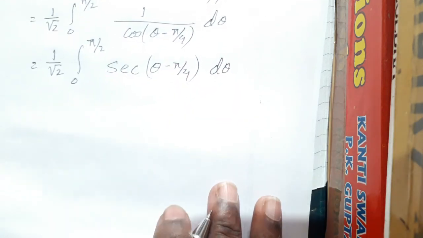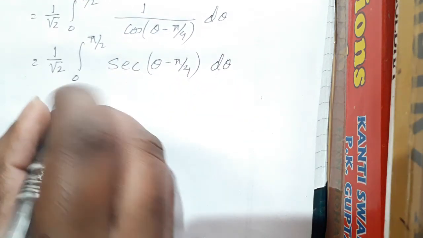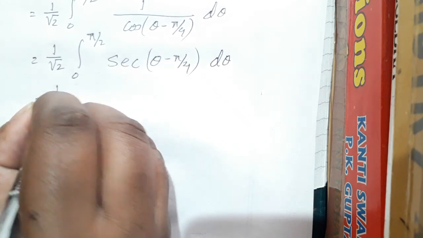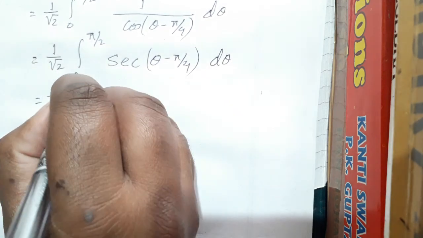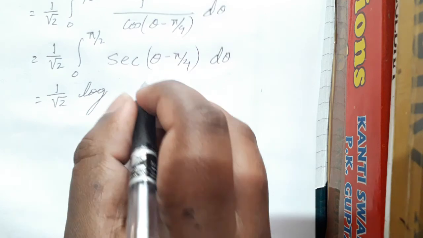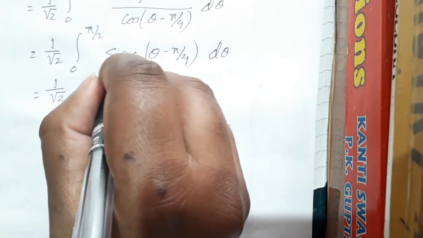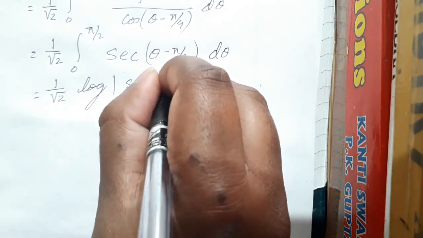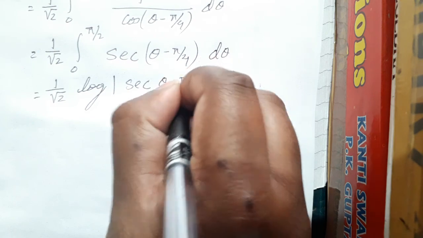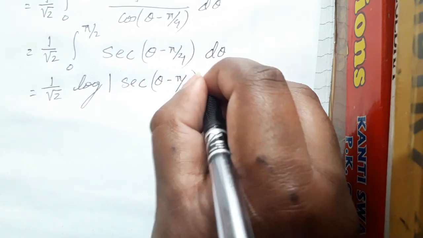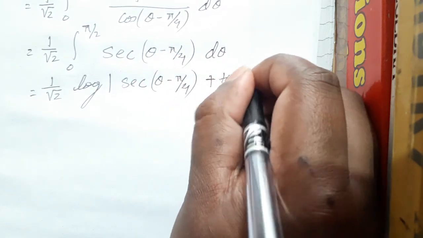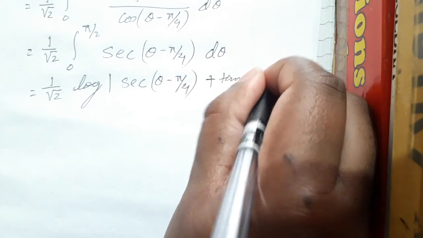The integration of this is log sec x plus tan x, so we get log sec theta minus pi by 4 plus tan theta minus pi by 4.